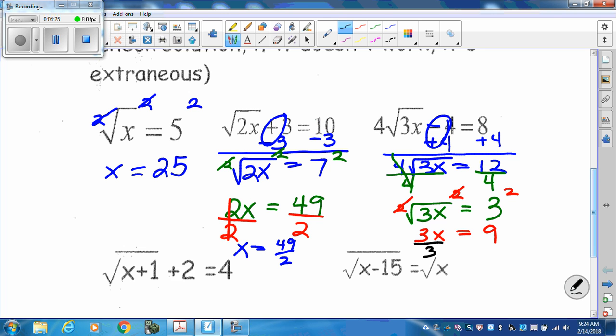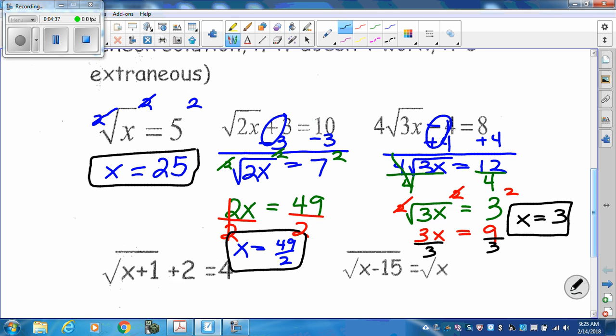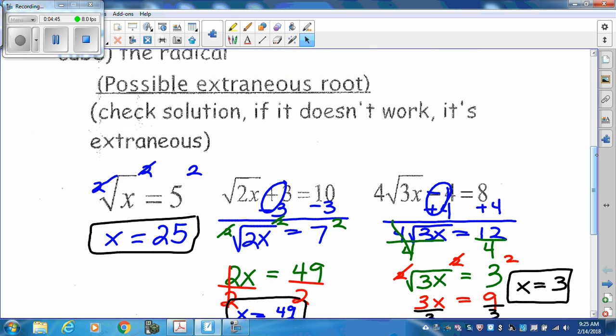I'm going to divide by 3, divide by 3, and so I get x equals 3 as my solution. These are my solutions. Okay. Now, what I'm going to do is check for an extraneous root.